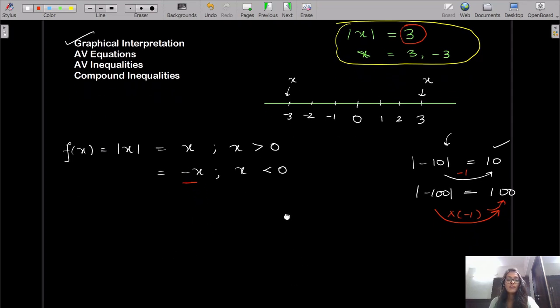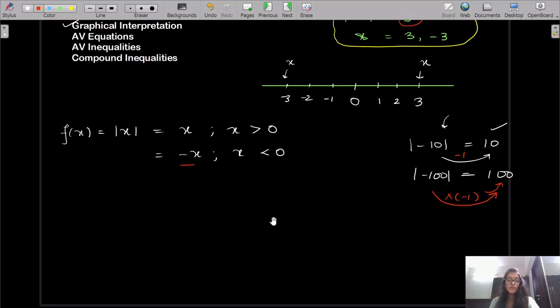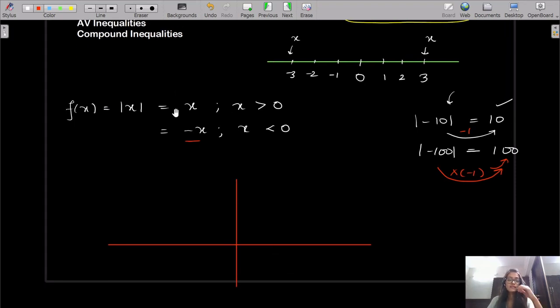And now since you have this relationship, we can easily draw the graph of the absolute value function. So if these are my x and y axis, and this function is defined as, if your x is positive, that means if your x is on the right hand side of the y axis, then this is just x.